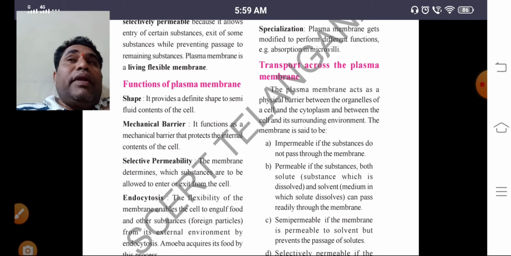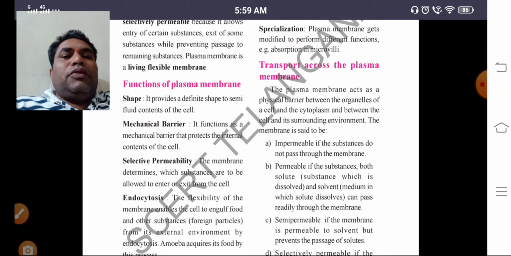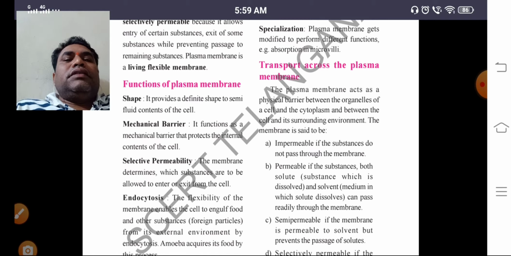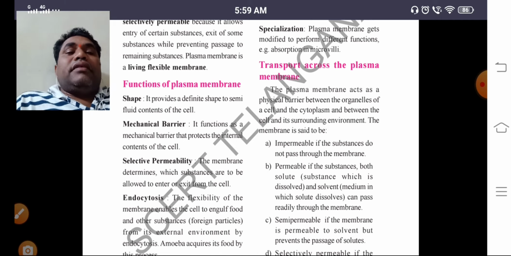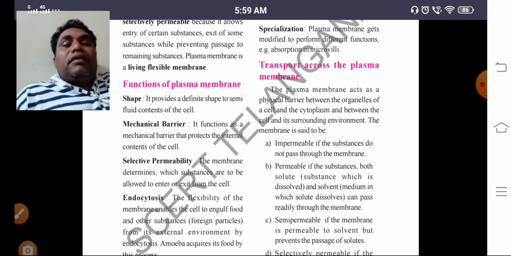So whatever materials are present inside the cell, the plasma membrane protects. So it protects the internal contents. So it acts as a mechanical barrier.